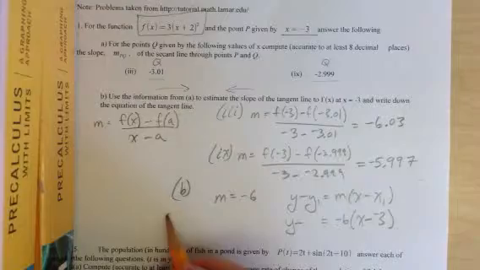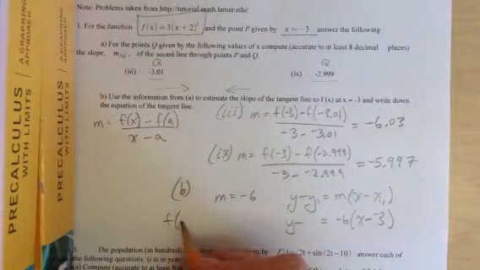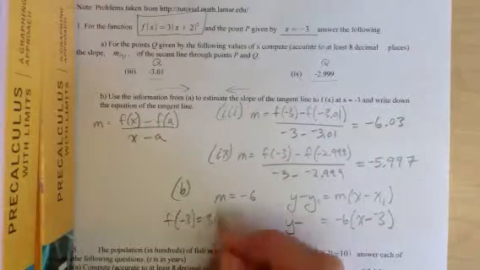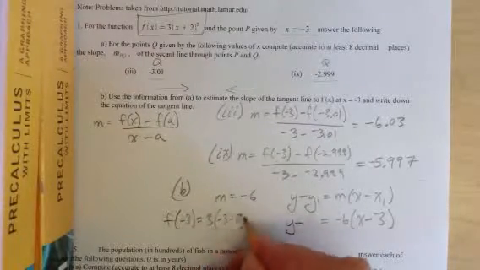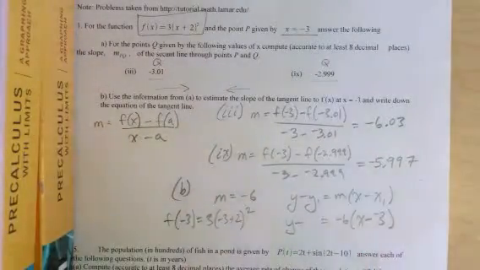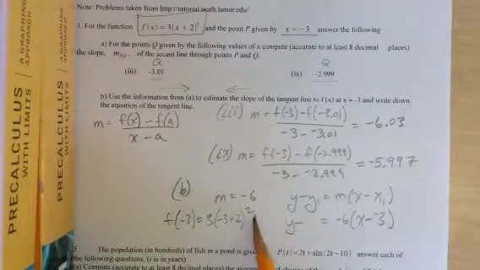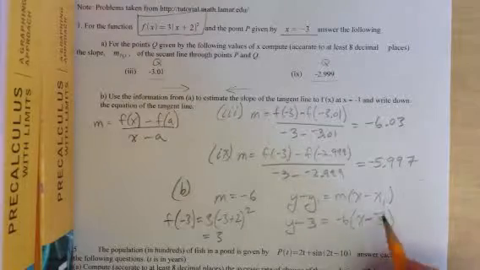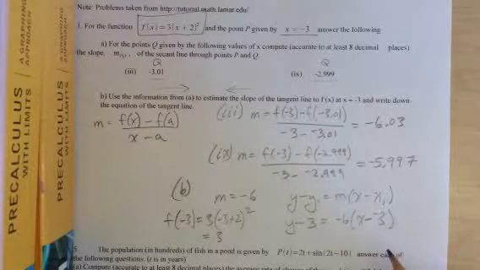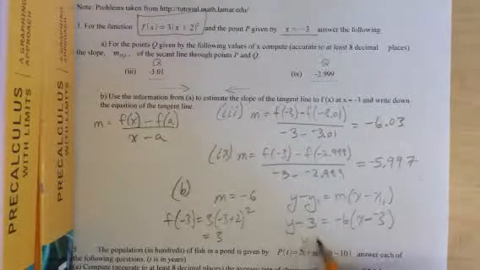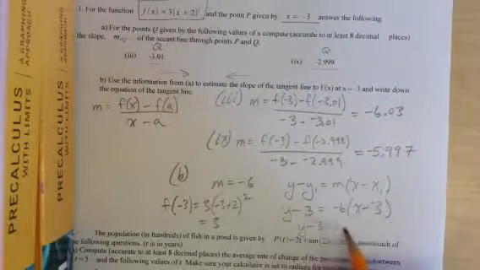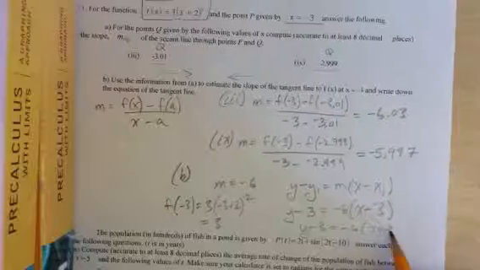Well, to figure that out, you can simply evaluate the function when x is negative 3. So that's negative 1 squared is 1 times 3 is 3. Getting rid of this minus a negative, you can think about this as y minus 3 equals negative 6 times x plus 3.